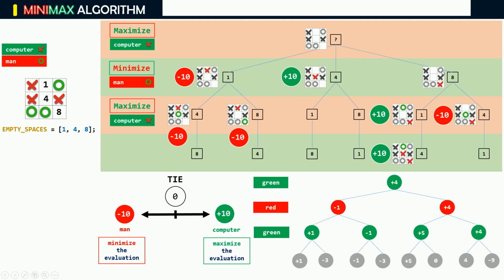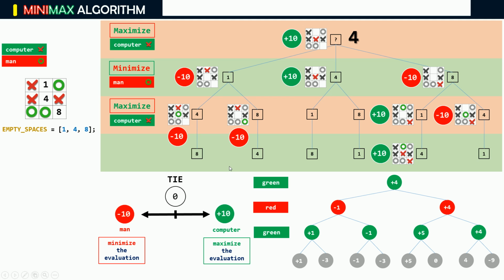Again, the man is the minimizer, he won't go for 1, he will go for 4, then the evaluation of this position here is -10. Again, the computer here is the maximizer, so he will go for the position that has the highest evaluation, which is 4. And he will win the game.